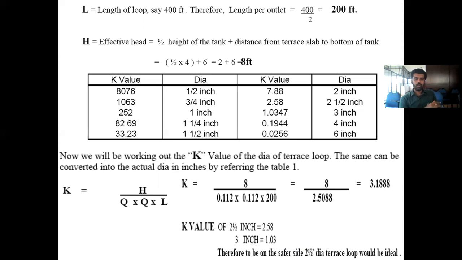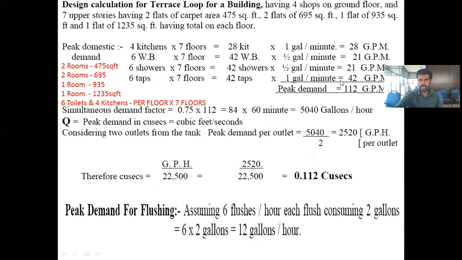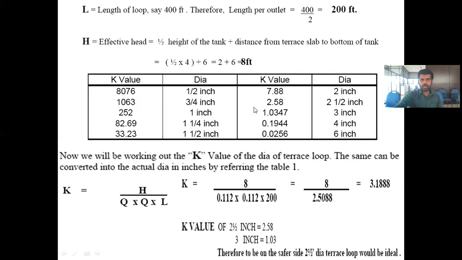Diameter of the loop. We need to find the discharge, by the formula, so how much water that you need. Then we need to know what is the effective height. We need to know what is the length.